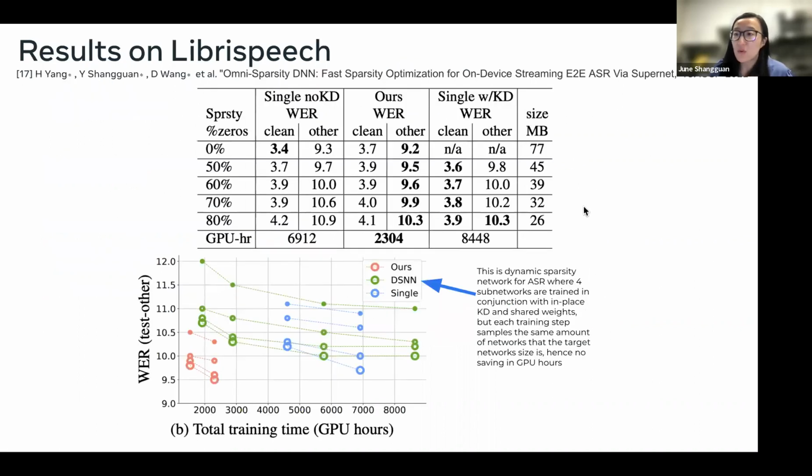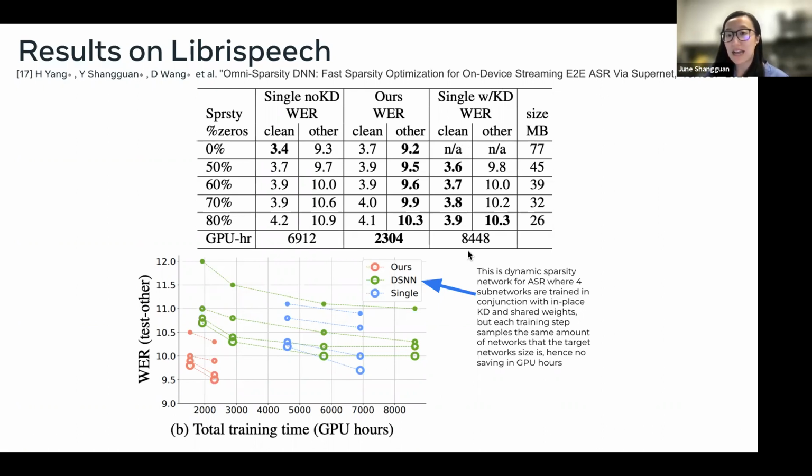One of the questions we ask ourselves is whether our omnisparsity is better than the singly trained model because of in-place KLD. Is it because we have in-place KL divergence implicitly built into the shared weights? To validate that, we take the singly trained model and apply KL divergence of that model with the 0% sparsity dense model.